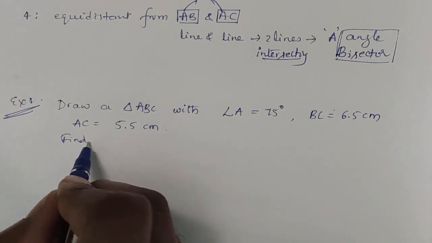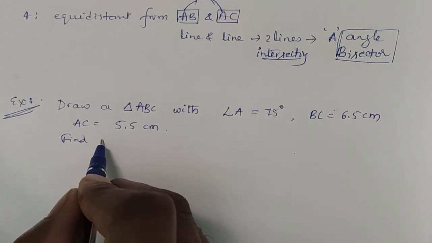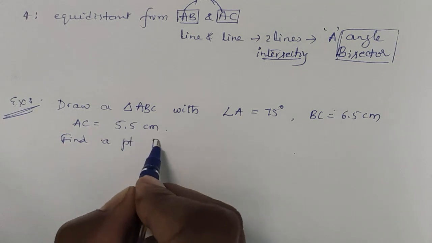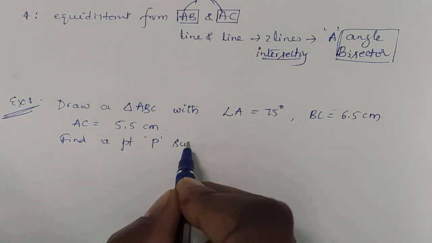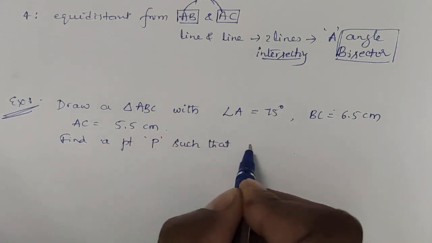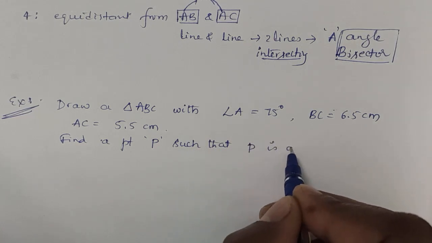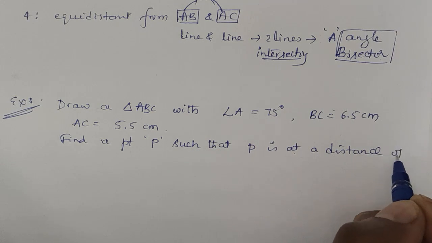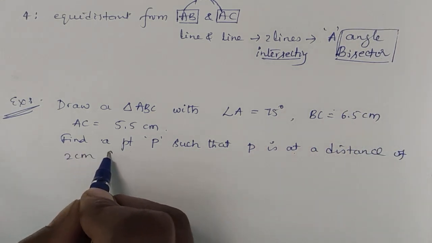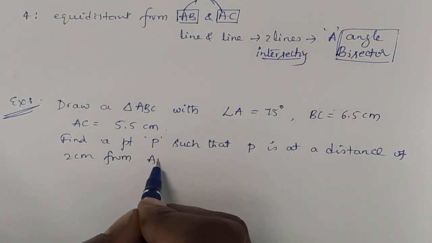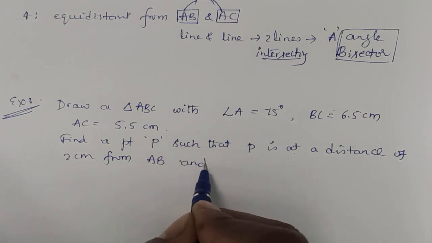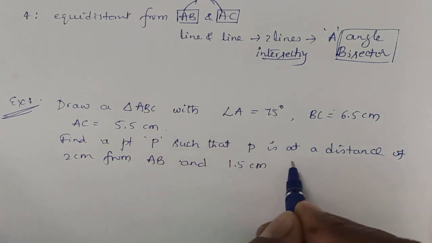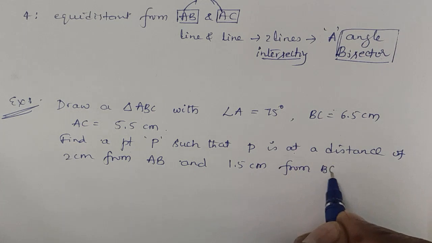Find a point P such that P is at a distance of 2 centimeters from AB and 1.5 centimeters from BC.